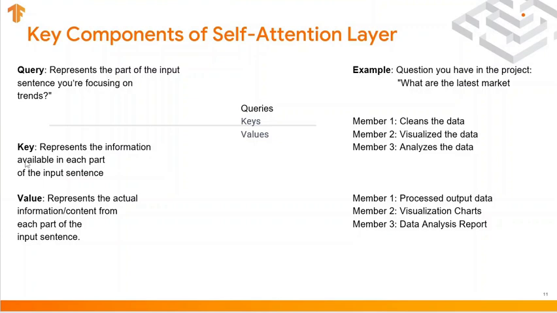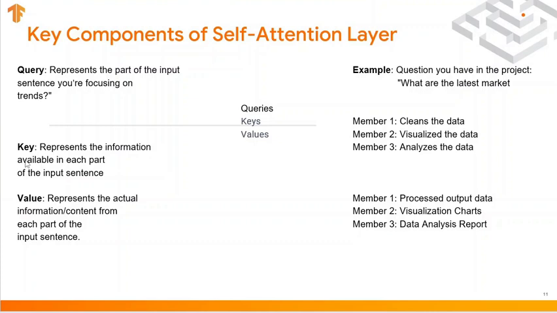First, one member will clean the data set. Then the second member will visualize that clean data set in the form of charts. And the third member will be the analyzer. So this is my key: what is available inside the input sentence.